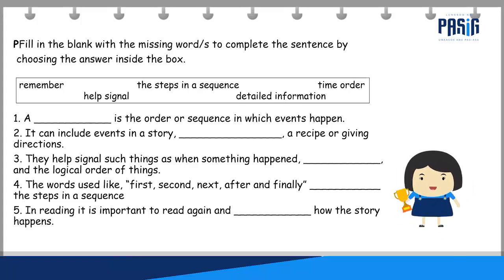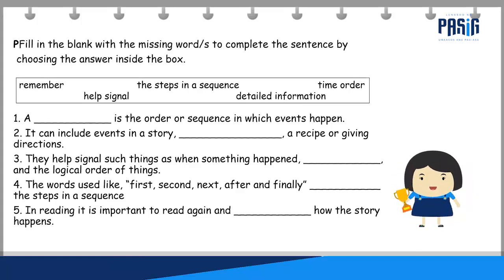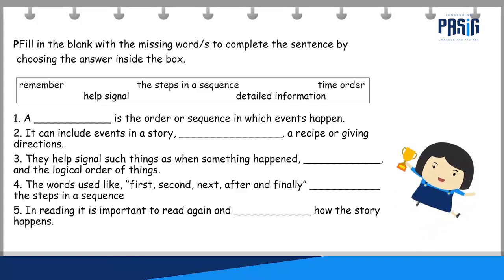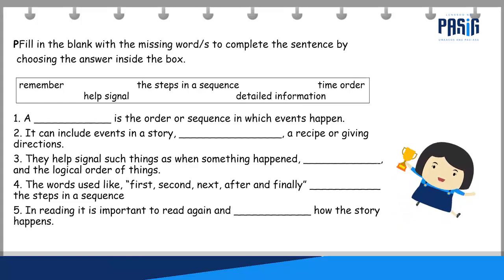Number 4. The words used like first, second, next, after, and finally, blank the steps in a sequence. Number 5. In reading, it is important to read again and blank how the story happens.